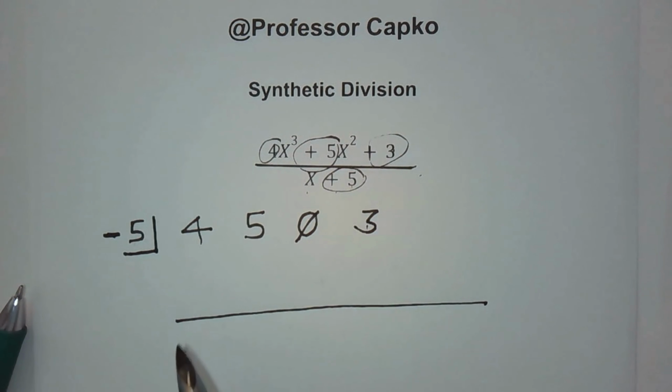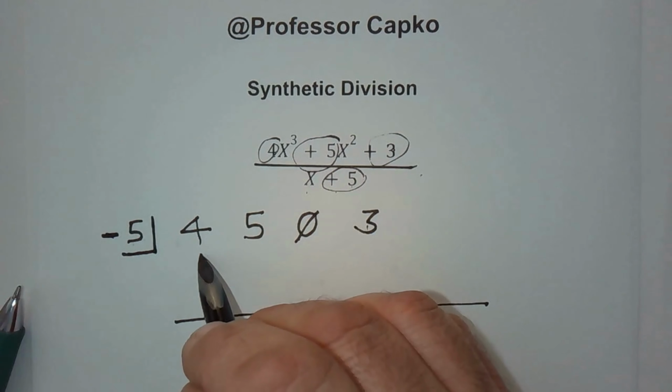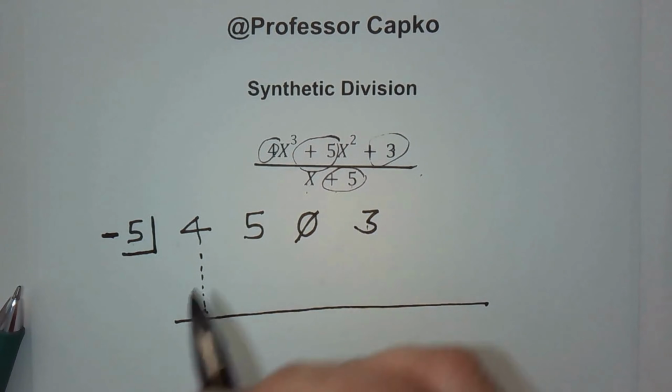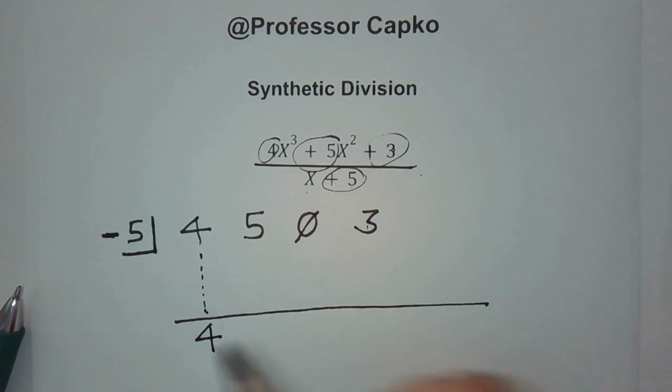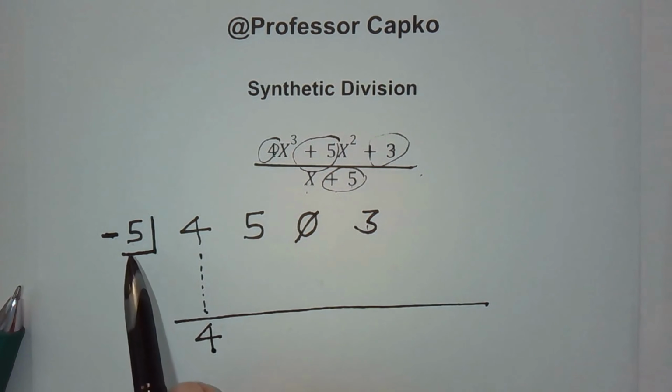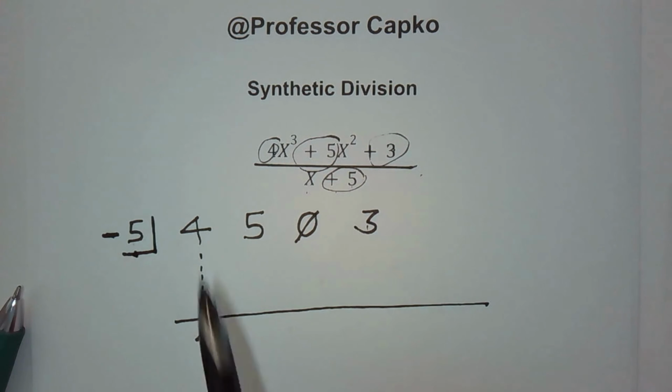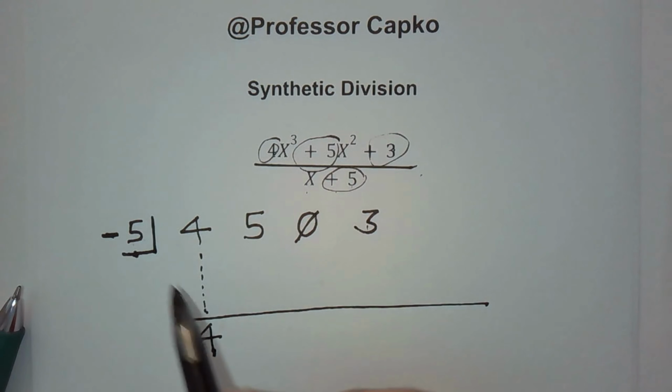The very next step is we're going to drop this 4 down here. And once we've done that, we're going to take the 4 and we're going to multiply it by this number here. 4 times negative 5. I've got a positive times a negative, so my answer is going to be a negative, and 4 times 5 is 20.